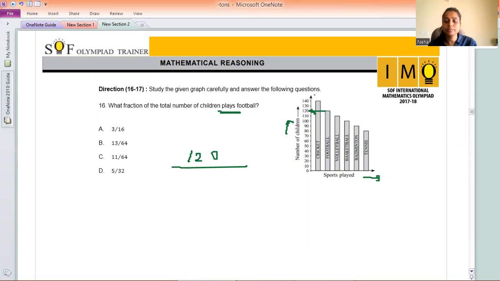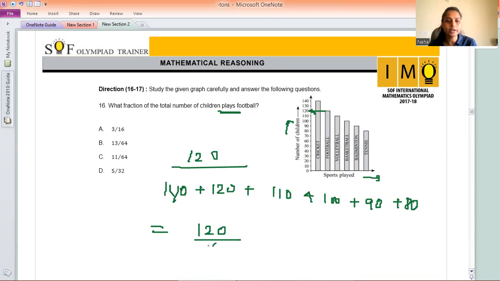That means total number of children is 140 plus 120 plus 110 plus 100 plus 90 plus 80. You can solve the calculation and you will find 120 upon 640. That means 3 by 16 is your correct answer. That means option number A is your correct answer.